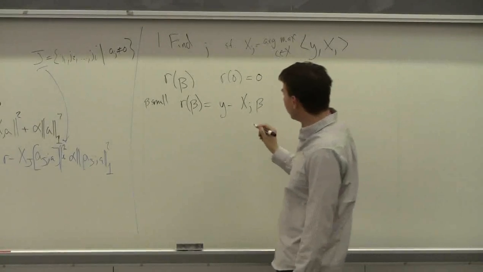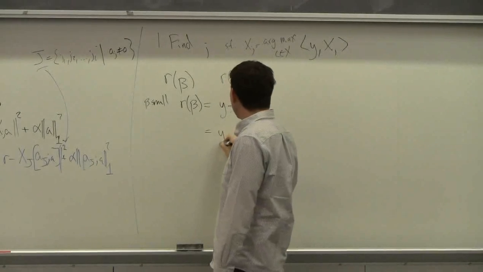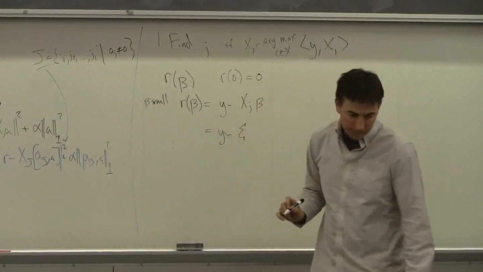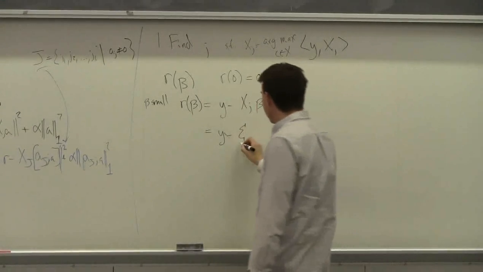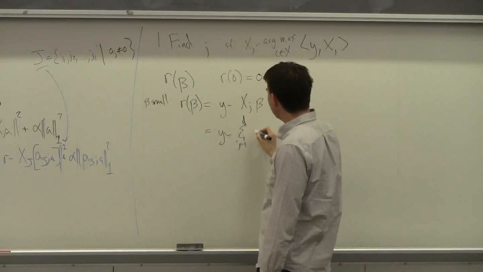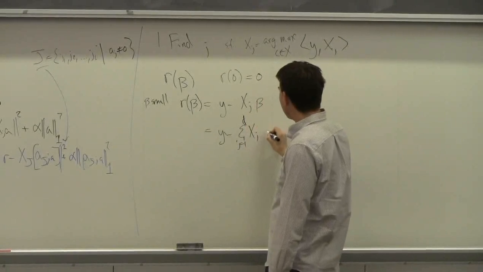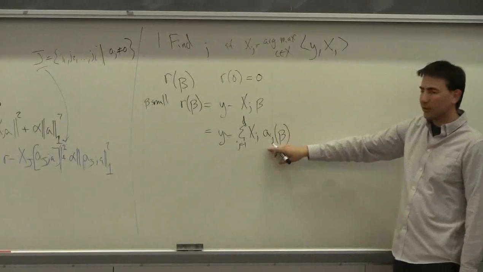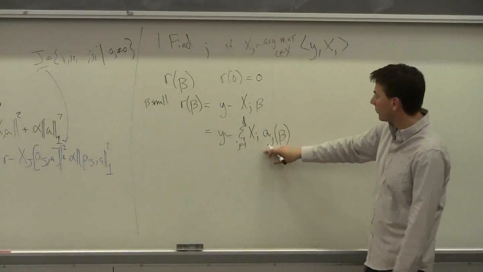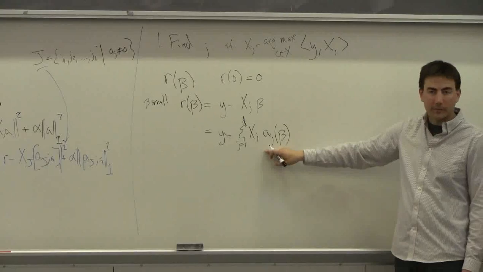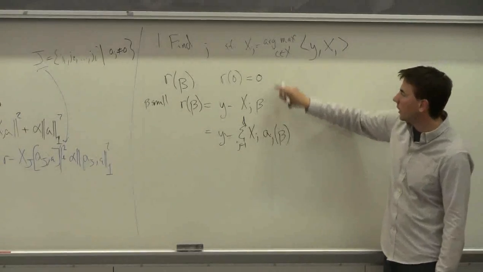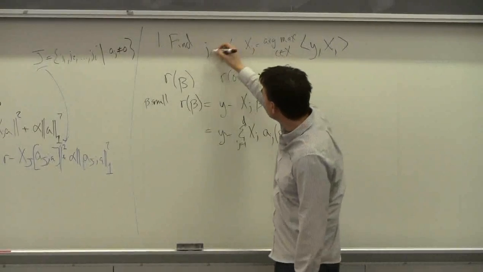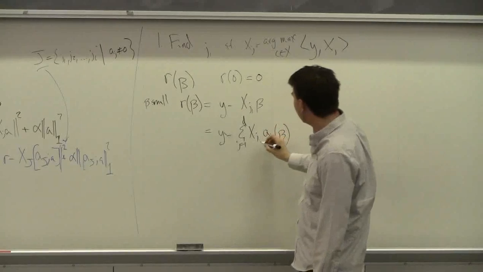Okay, so actually what I'm going to do is write this as y minus the sum over j equals 1 to d of xj times aj as a function of beta. Okay, and what this looked like is this aj for the first part was all zeros except for the jth coordinate, and the jth coordinate was chosen here. Let's call this j1.